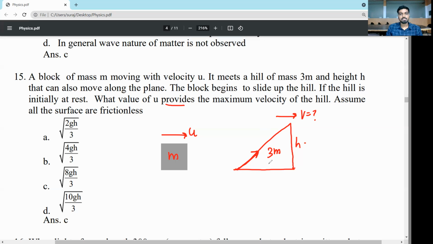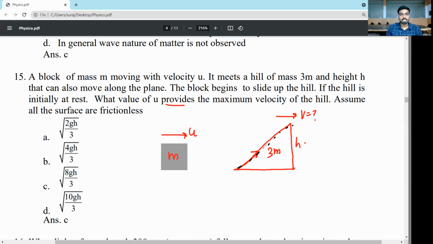Okay, so if all the surfaces are frictionless, what will happen? Energy will be conserved. The block begins to slide up the hill.